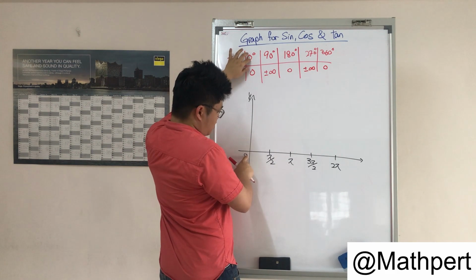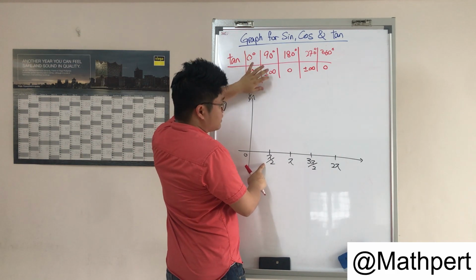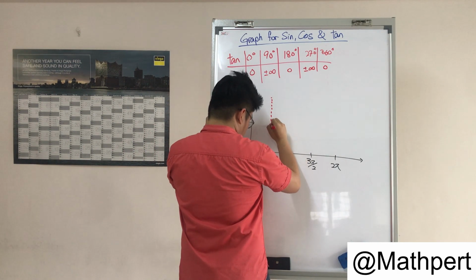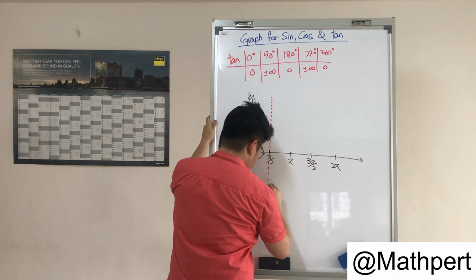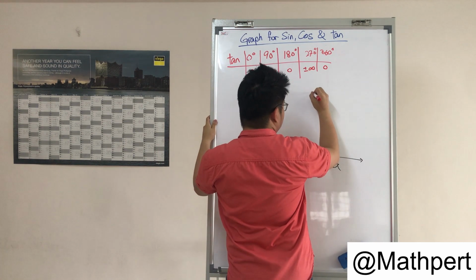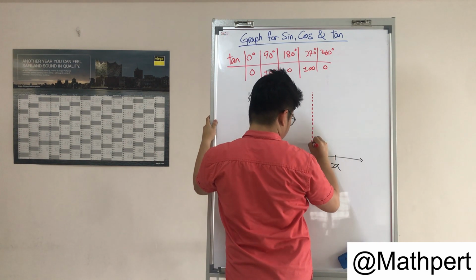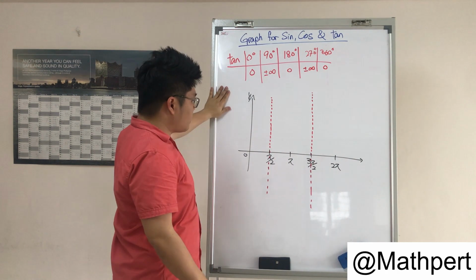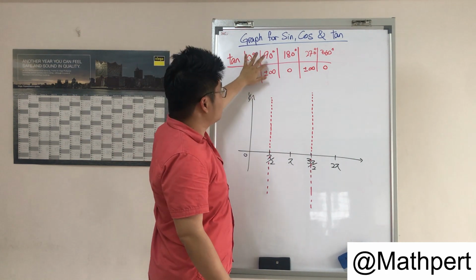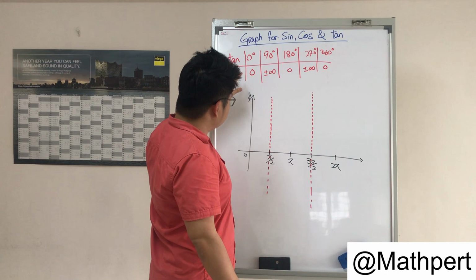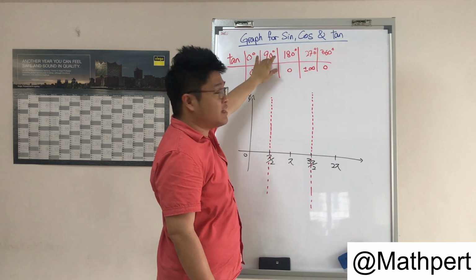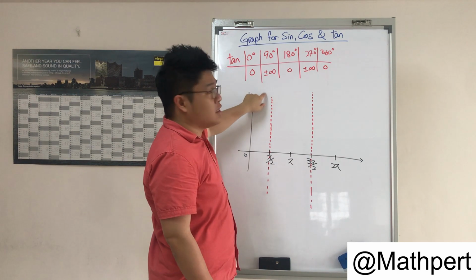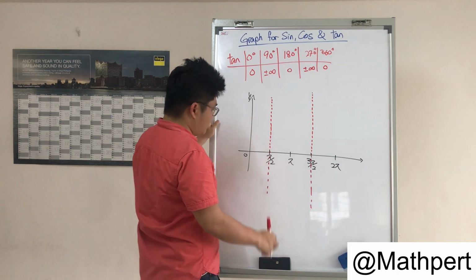So 0, 0. At 90 degrees, this is plus minus infinity. What does it mean? This means that when tangent approaches 90 degrees, the y value goes to plus and minus infinity.